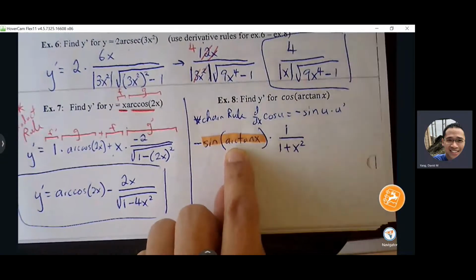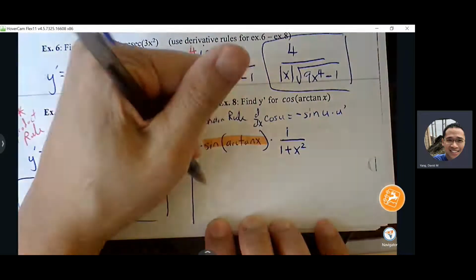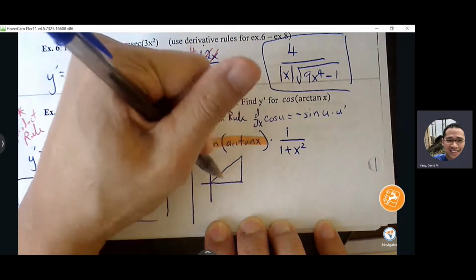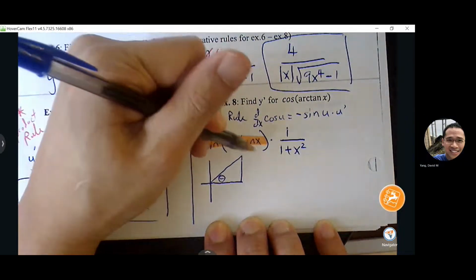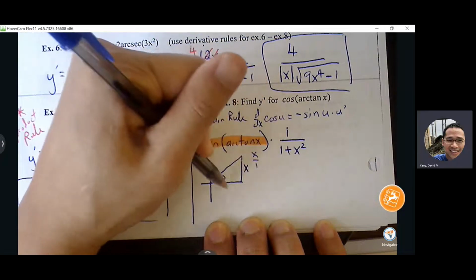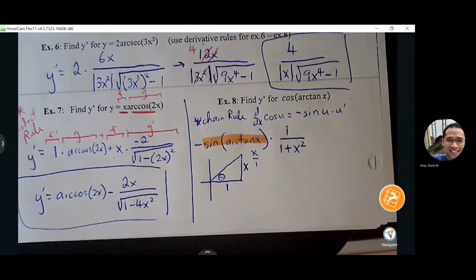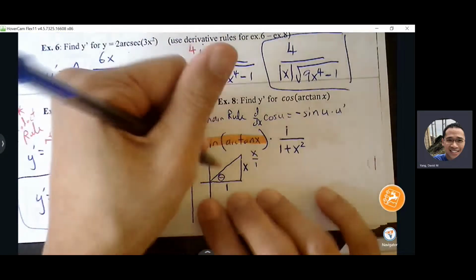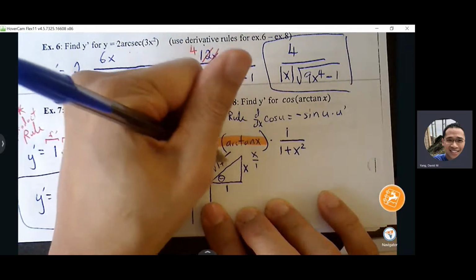Arctangent of x, what does that look like? Well, arctangent of x, same thing as tangent of theta, is equal to x over 1. So x over 1 is opposite over adjacent. Pythagorean theorem gets us to the hypotenuse, square root of 1 plus x squared.